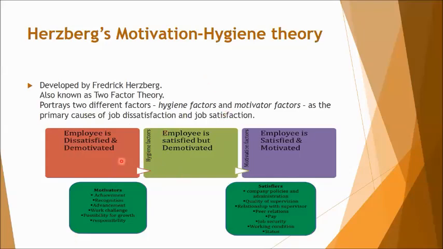Part of this is job satisfaction, wherein you convert the job dissatisfaction of the person into job satisfaction by using the motivator factors of providing achievement, recognition, advancement, and also possible work challenges, growth, and responsibility to the employees who have job dissatisfaction, to convert it into satisfaction.